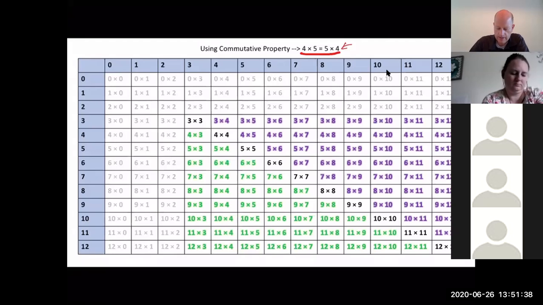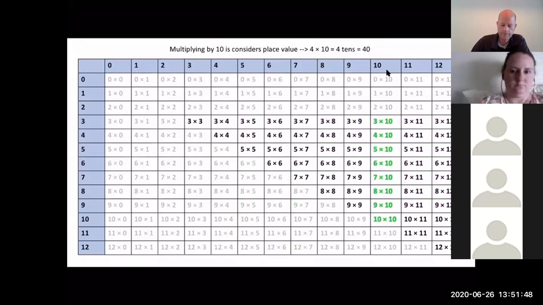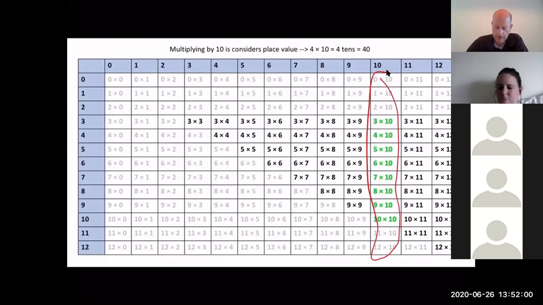So we can eliminate the whole set of them. Okay. All right, so now we're down to this many, and then we can talk about multiplying by 10, which you can do with the other ones as well. I've already eliminated. When you multiply by 10, you want to consider place value.